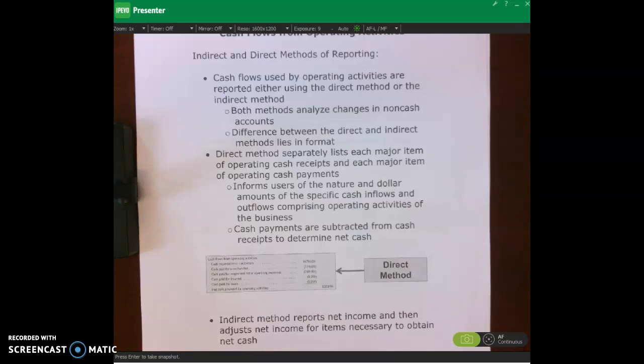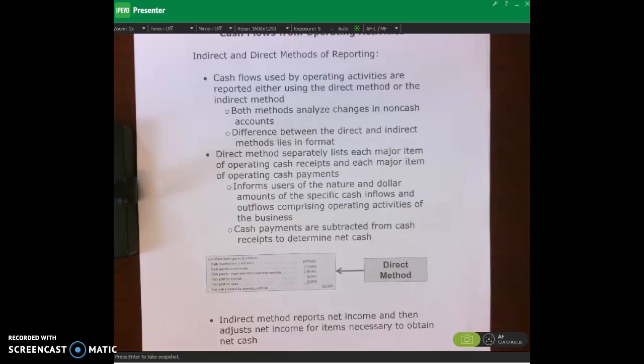Unlike the direct method, remember the indirect method takes net income and looks at changes to non-cash current assets, current liabilities, non-cash expenses, and then non-operating gains and losses, and then makes a series of adjustments based upon changes in account balances on non-cash current assets, current liabilities, adds back depreciation, other non-cash expenses, and adds back non-operating losses and subtracts out non-operating gains. It does those adjustments to net income to then derive net cash provided or used by operating activities.